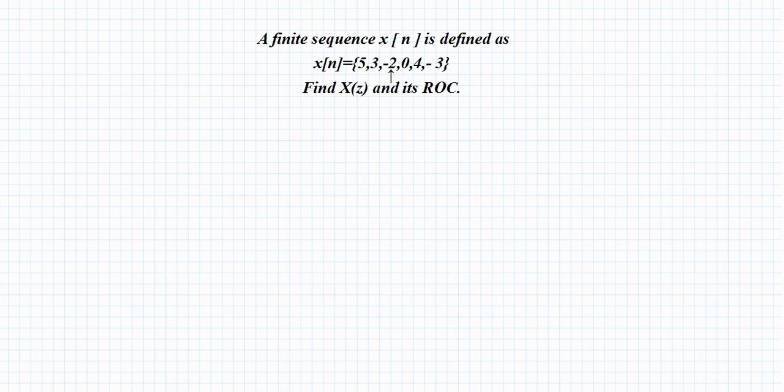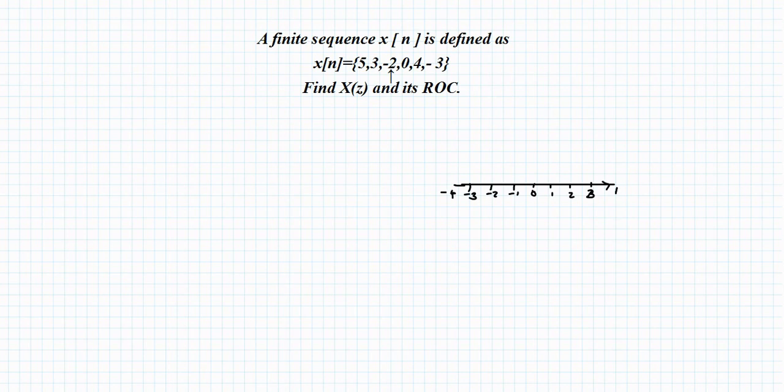Now we can see what the signal is. Here is the signal. You can see that at n equal to 0, here this is 1, this is 2 and this is 3, and here you can mark -1, -2, -3, -4.